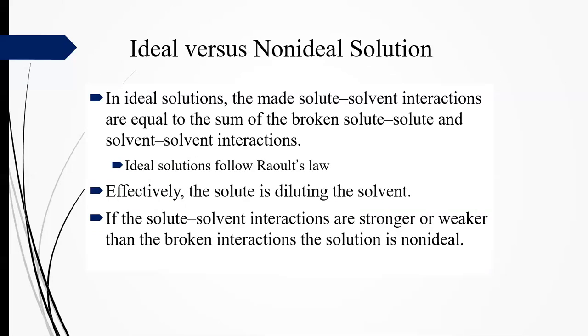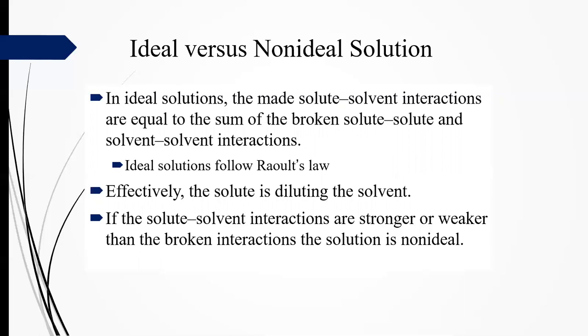Now, ideally, our ideal solutions follow Raoult's law as a straight line. But in fact, the solute is basically diluting the solvent. So if the solute-solvent interactions are stronger or weaker than the broken interactions, the solution is non-ideal.